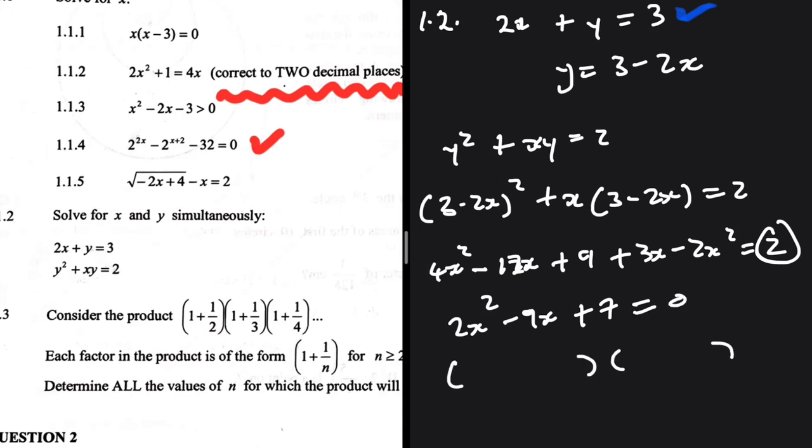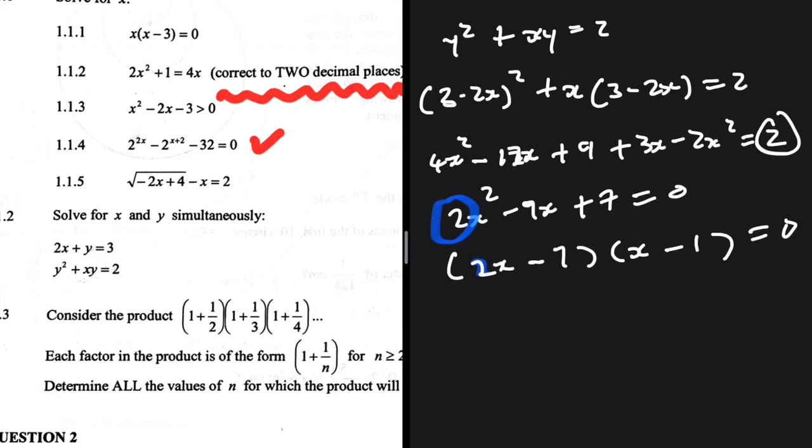Obviously, it is very difficult to factorize when the coefficient of x squared is 2. But if you find your way and factorize, you should get 2x minus 7 and x minus 1. But it's always safe to use the quadratic formula.